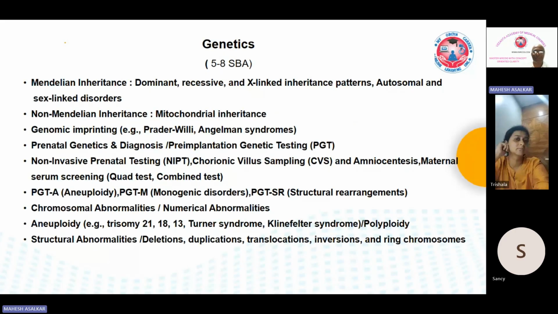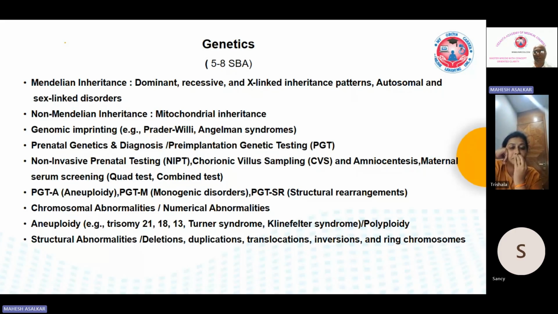Genetics is one of the important topics, in which they are asking about autosomal dominant, recessive, X-linked inheritance patterns, then non-Mendelian inheritance like mitochondrial inheritance, genomic imprinting like Prader-Willi and Angelman syndrome, then prenatal genetic diagnosis and PGT, pre-implantation genetic testing, NIPT, CVS, amnio, and there are guidelines for this.